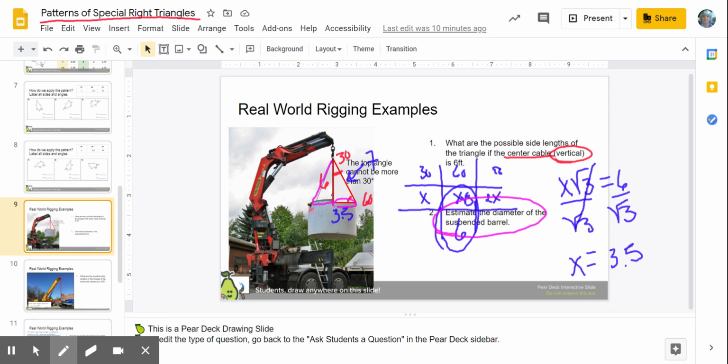If this is the radius, exactly. So the diameter is going to be 7? Just 7. The radius is 3.5, and the diameter is going to be 7. I feel like you guys are picking this up really fast. I'm so impressed. Let's look at slide 10.